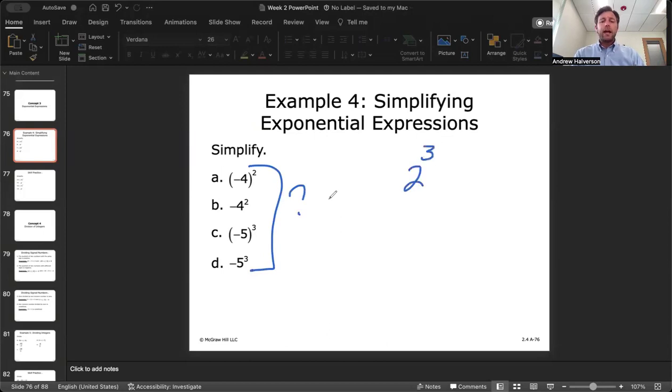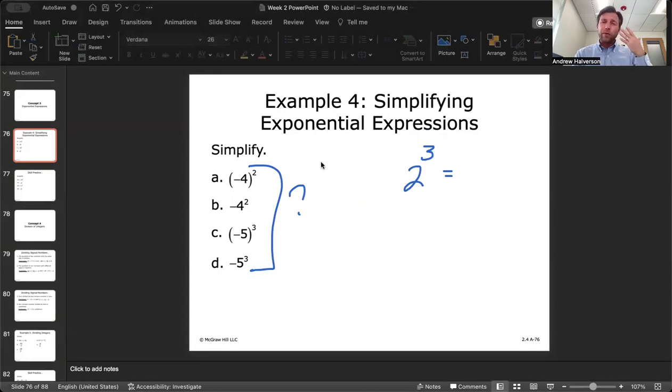So we read this as 2 to the 3rd power. The big number 2 is what we call the base, and 3, the little number at top, is called the exponent. And all it does, it's just simplified multiplication, shorthand multiplication. What it does is it says, take this base of 2 and multiply it with itself 3 times.